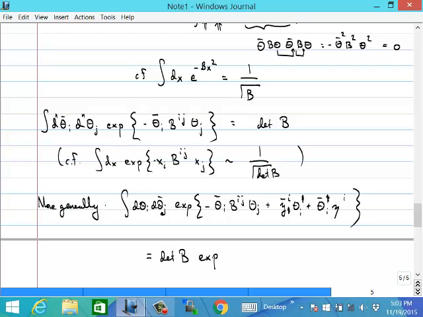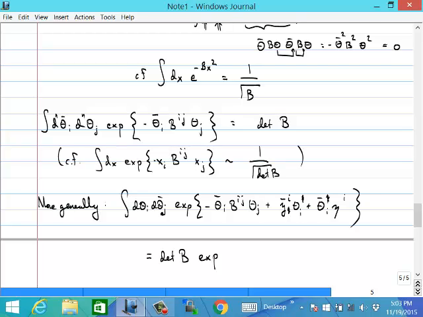So how would you do this integral? Well, you would do this integral by completing the squares. Remember the way that you do a Gaussian integral when you add a term linear in x in the exponential is you complete the squares. You shift x to x plus y in such a way that that becomes a pure Gaussian.